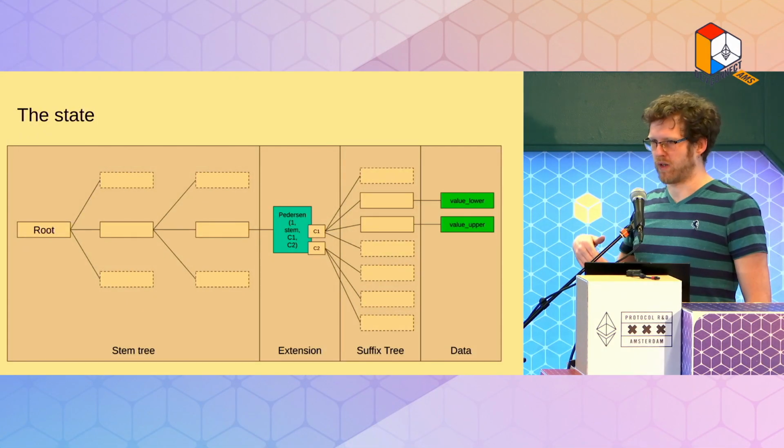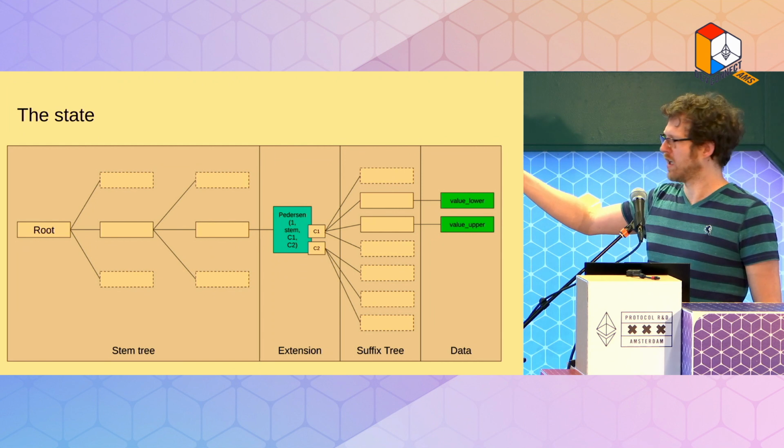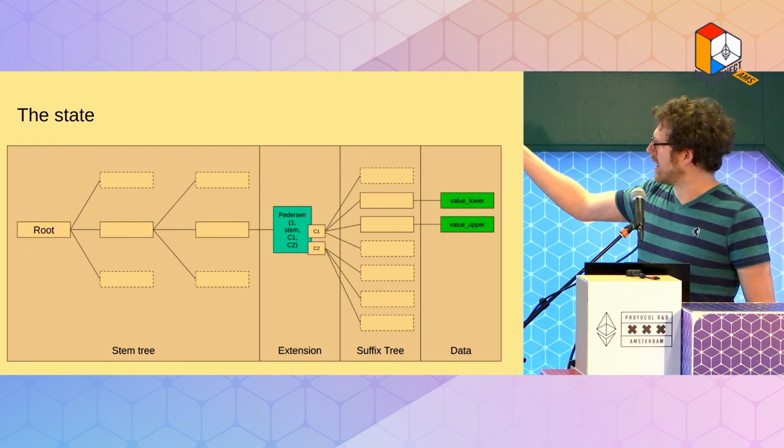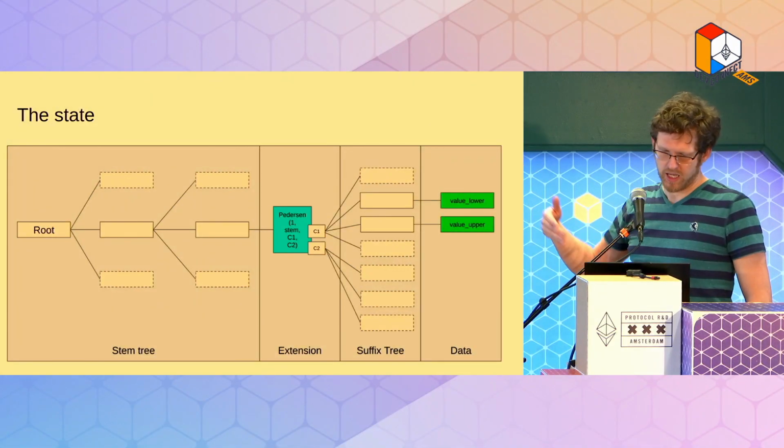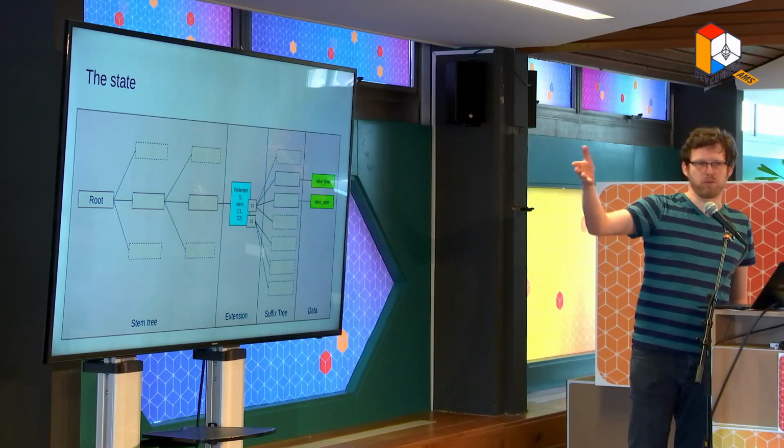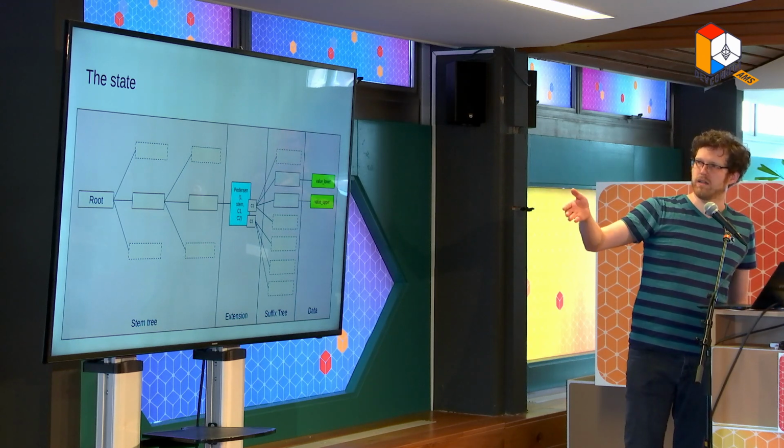So it would be very wasteful to insert internal nodes. So there are extension nodes only at the bottom of the tree. It makes no sense to have extension nodes inside the tree because, like I said, there's a high branching factor, so you will never need an extension node in what's called the stem tree.